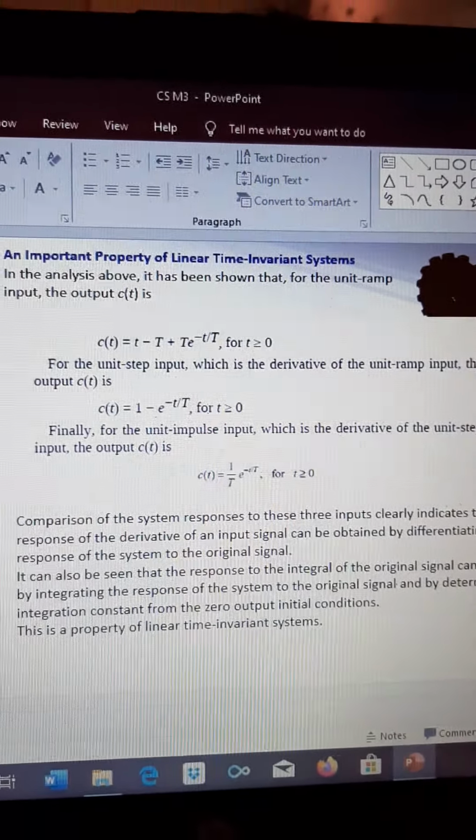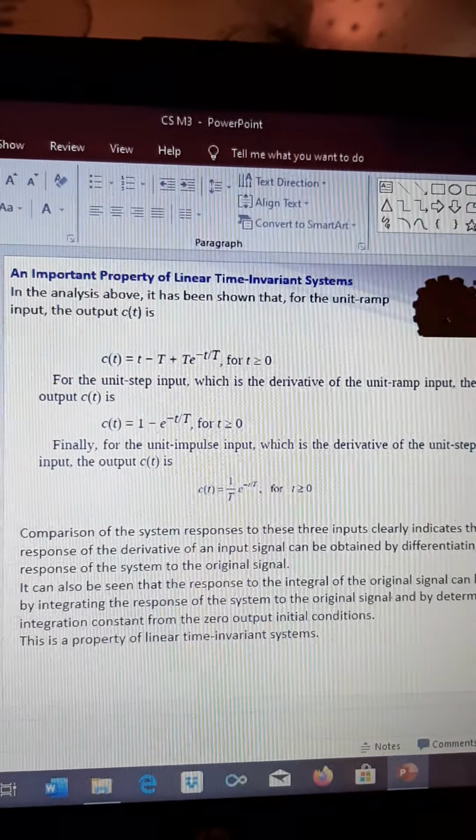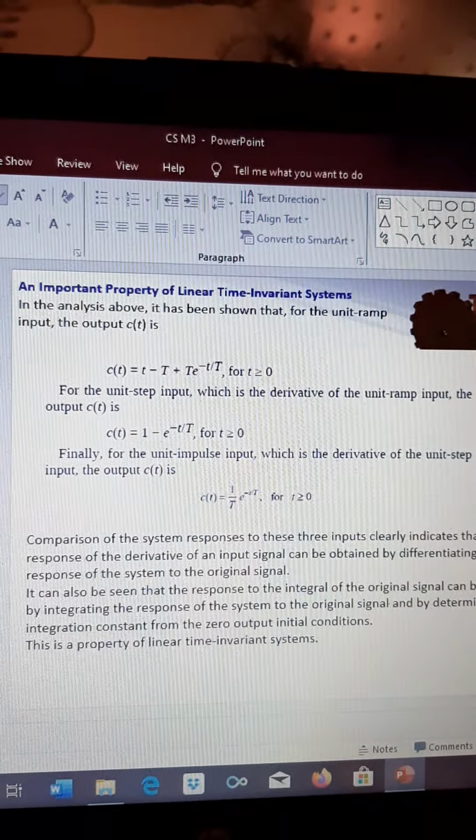Now, what is the important property of linear time invariant systems?